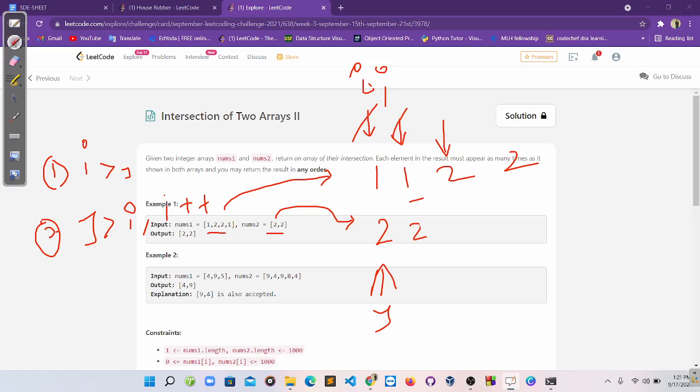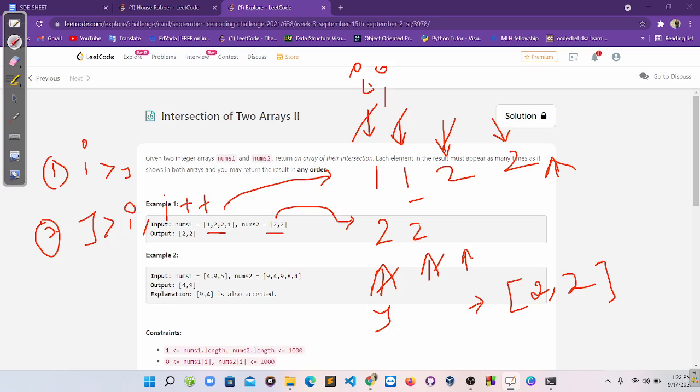Now they are equal, so we create an answer array and push 2 into it, and when both are equal, we increment both pointers by 1. Again they are equal, so we do the same. If any pointer crosses its boundary, we have to return our answer.